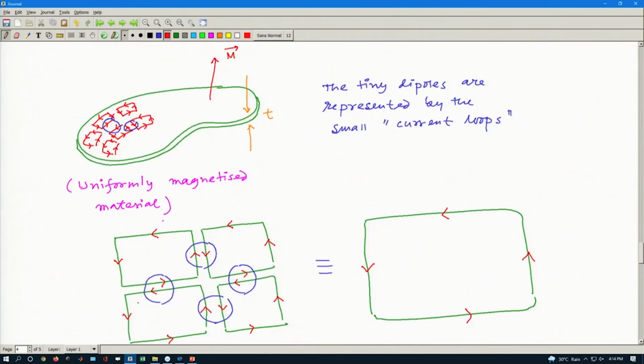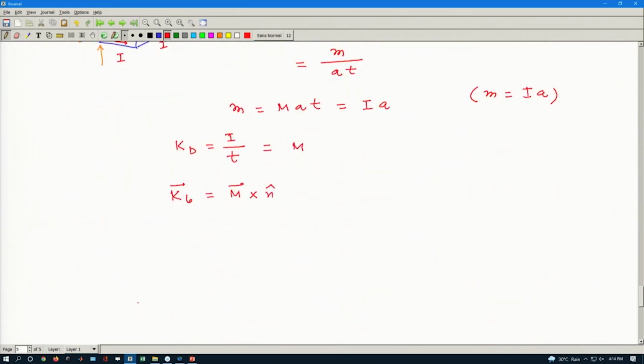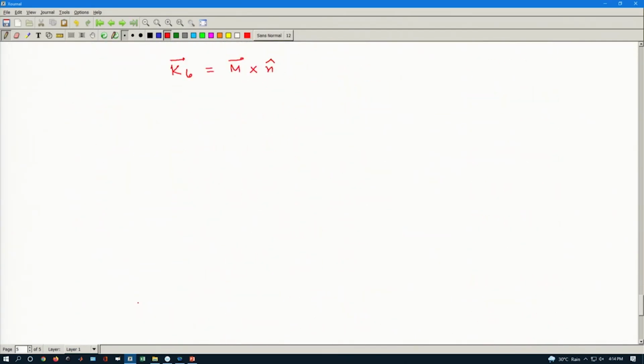So, the magnetization is uniform, but if the magnetization is non-uniform, then that basically gives rise to something called the bound current density, that we are going to show here. So, next thing is for non-uniform magnetization, what happens?